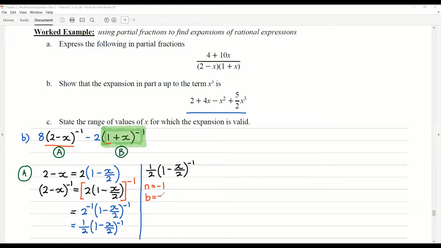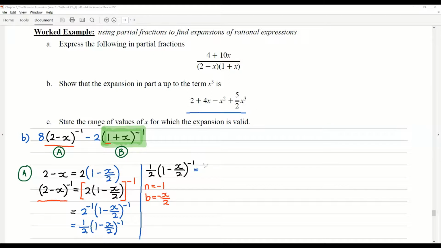So b is -x over 2, and we are going to refer to these 2 values from now on. We do not go back to any of this stuff over here on the left. Okay, it will just mislead you. You'll be putting in the wrong values. So stick to this and just carry out the expansion.